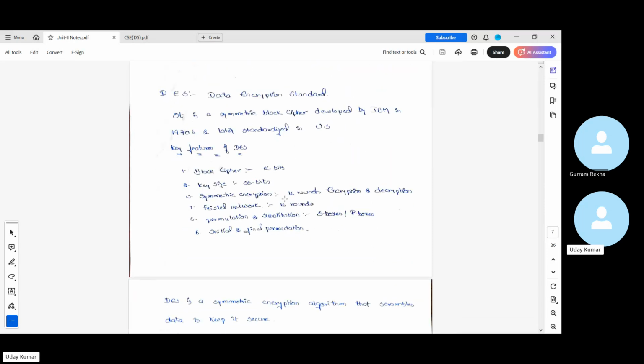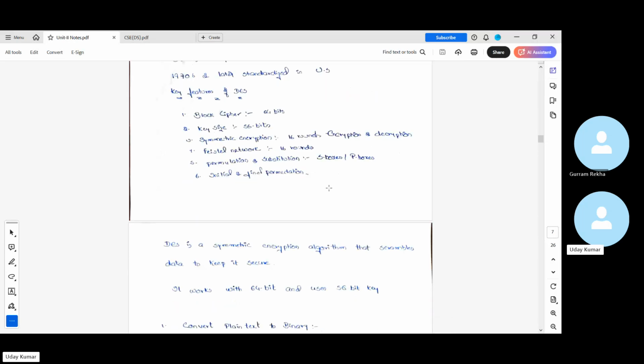The next important algorithm, the first algorithm that we have discussed, is the Data Encryption Standard. It is a symmetric block cipher developed by IBM in 1970 and later standardized in the US. The key features are a block size of 64 bits, key size of 56 bits, symmetric encryption.